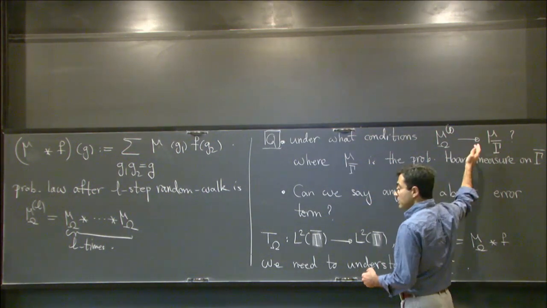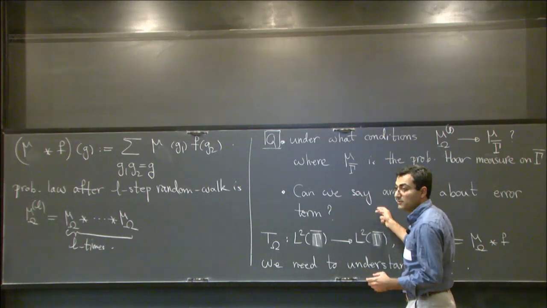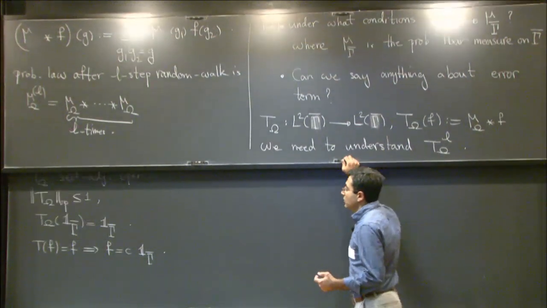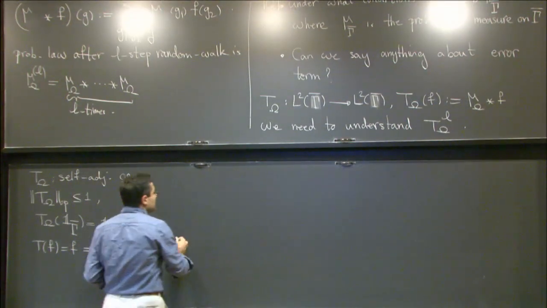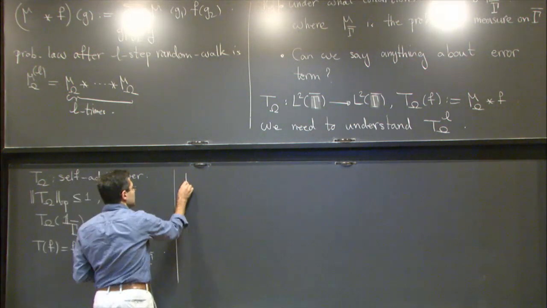So this would converge to the Haar measure, with an exponential rate dictated by the spectral gap. Okay, so let's make this notation definition.